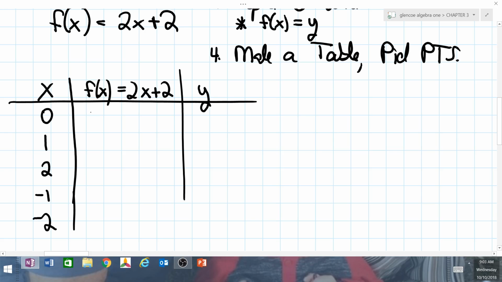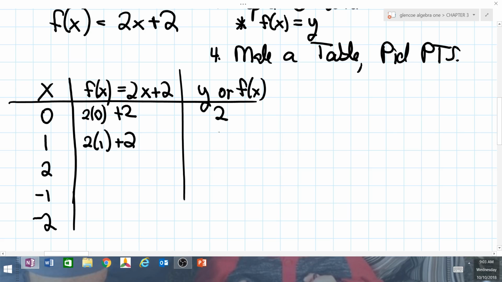When we put 0 in, we get 2 times 0 plus 2, or what do we get? 2. When we put 1 in, we get 2 times 1 plus 2, or what?